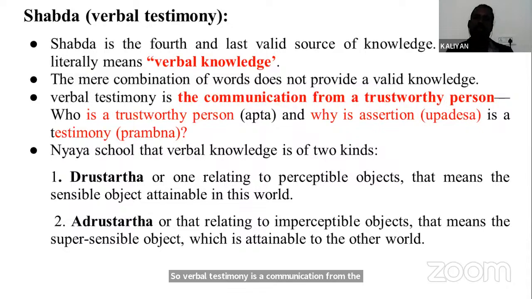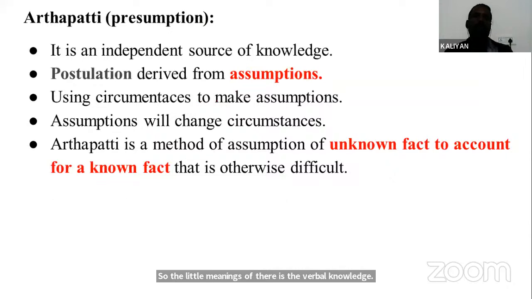In verbal knowledge there are two kinds: drishtartha and adrishtartha. Drishtartha relates to perceptible objects, sensible objects attainable in this world, and adrishtartha is the imperceptible object, the super-sensible object attainable in the other world.